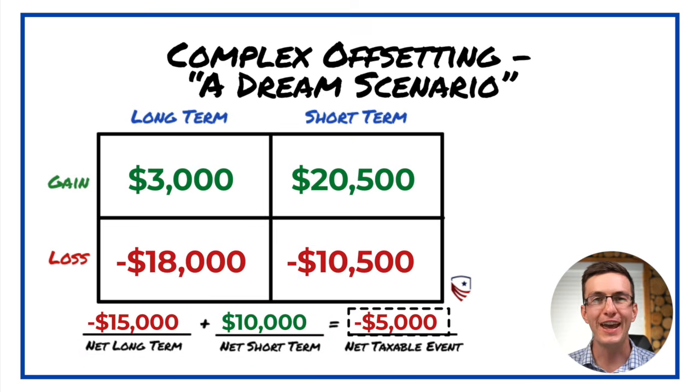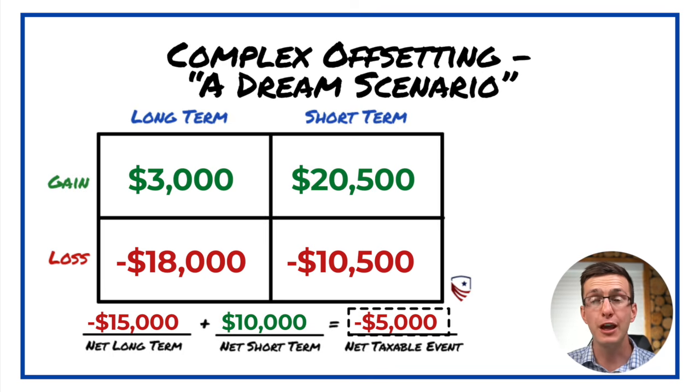Let's look at another tax scenario. In this example, we have a net long-term loss of $15,000 and a net short-term gain of $10,000. For a tax-minded investor, this is a tax dream. If we didn't have those long-term losses, we would essentially have $10,000 of short-term gains, which would be taxed at those very high ordinary income rates. But luckily, long-term losses completely cancel this high tax gain out.